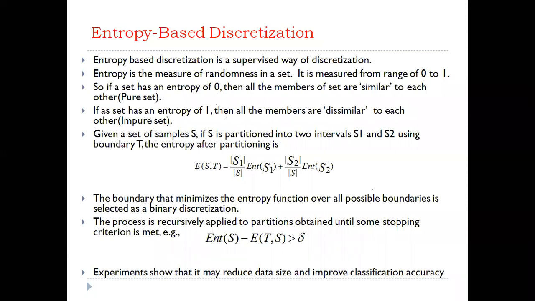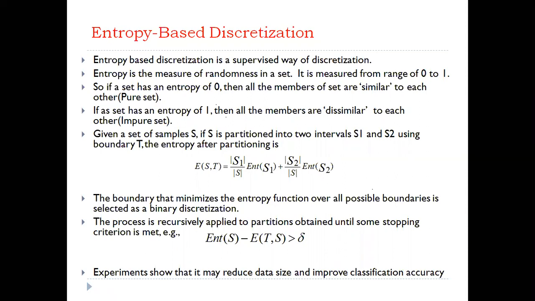We'll work out one small example so you will understand how to partition this and how to calculate the entropy. Please, if you're holding a pen and paper, write down the formula given on the screen, girls. This one: entropy of the set S with a boundary T. T is a boundary, girl.